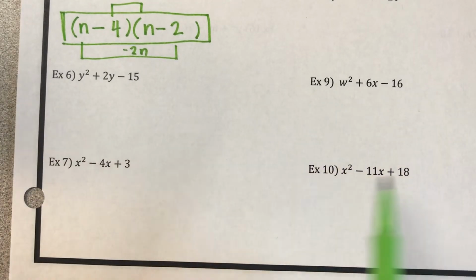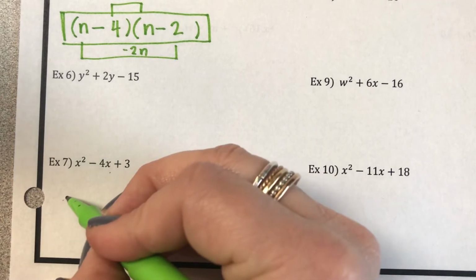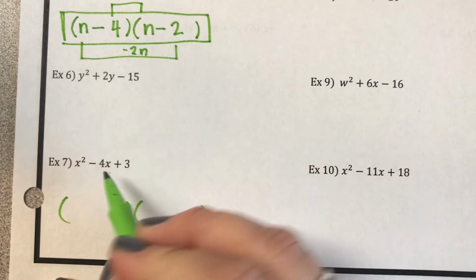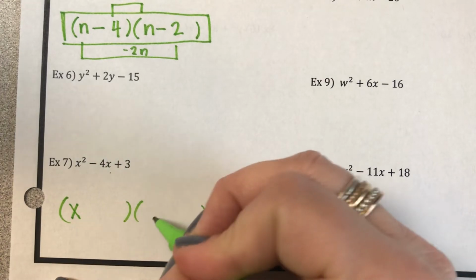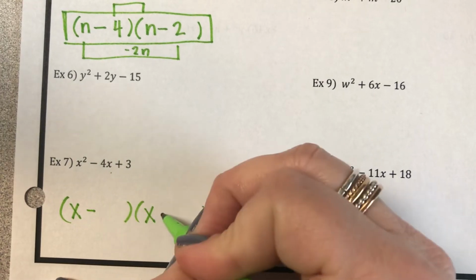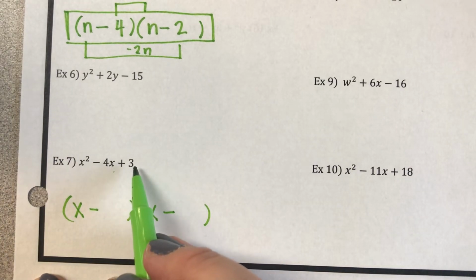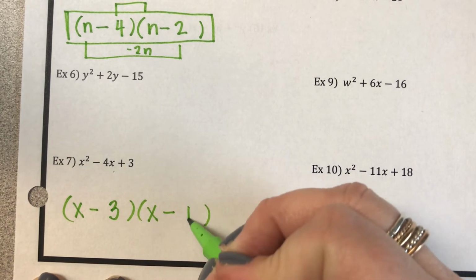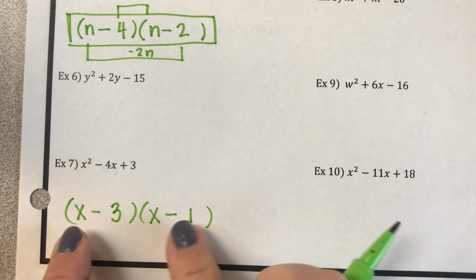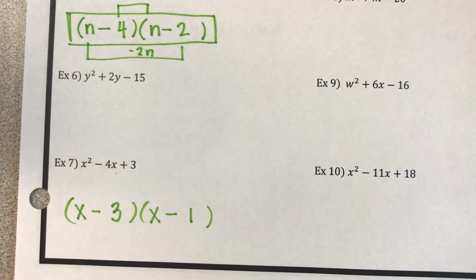So let's find another one down here. Okay, this one right here, this last one, example 7. 2 of the same signs, they're going to be 2 minuses. x minus, minus. What can you multiply together to get 3 that adds to give you 4? 3 times 1. Negative 3x, negative 1x, negative 3x is negative 4x.